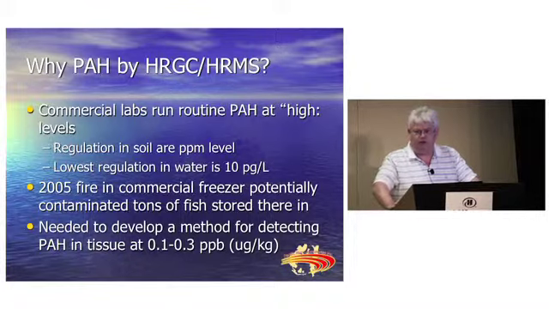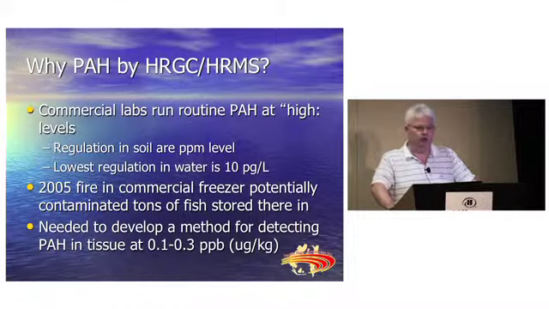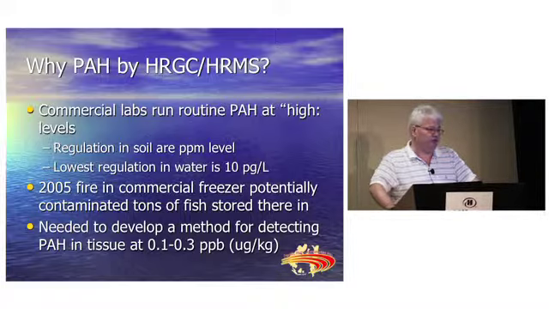But about 7 or 8 years ago, we had a major fire in Vancouver in a freezer warehouse that happened to be storing a lot of fish. The Canadian Food Inspection Agency said, before any of the products that were not destroyed are put back into the commercial market, they have to be tested for PAH.